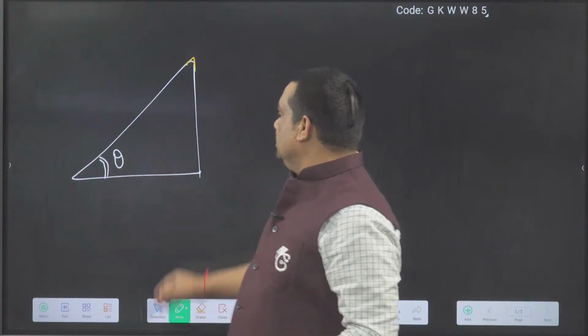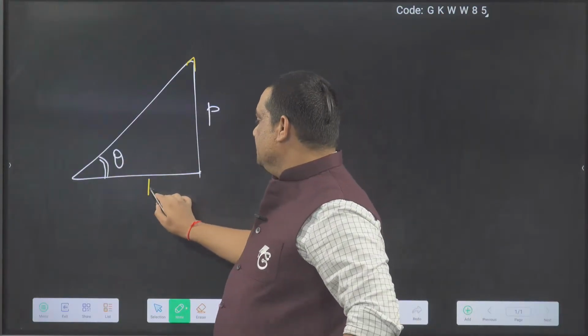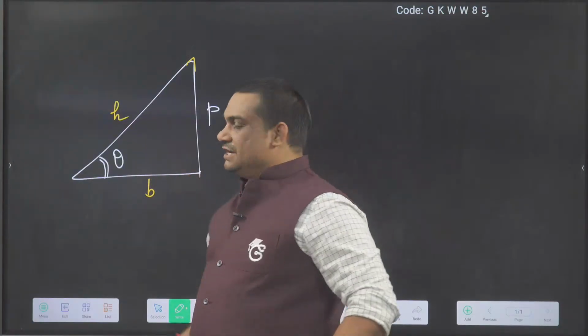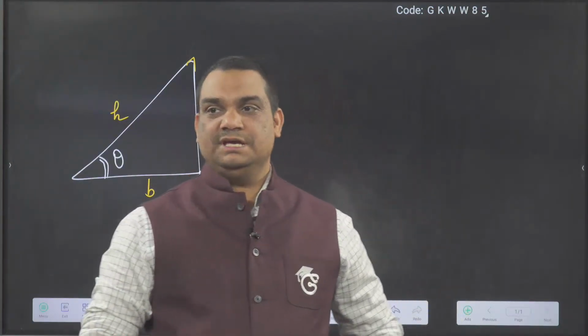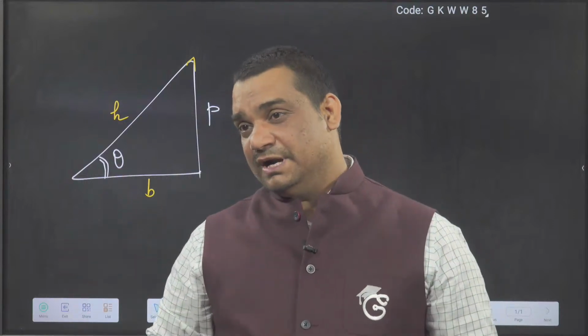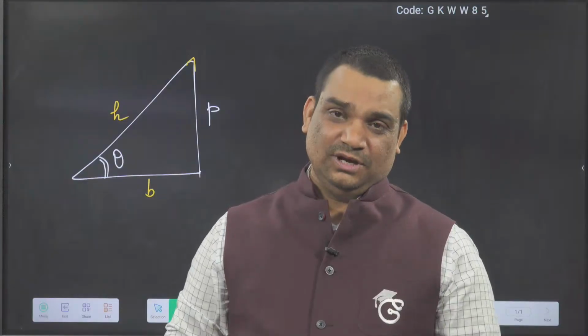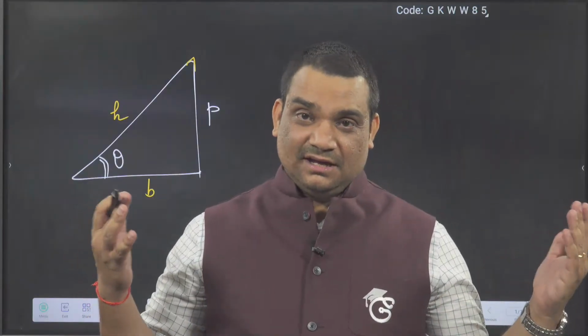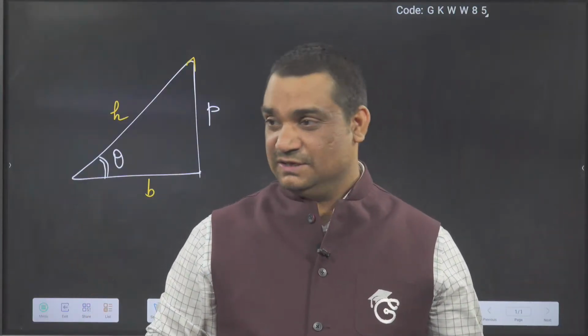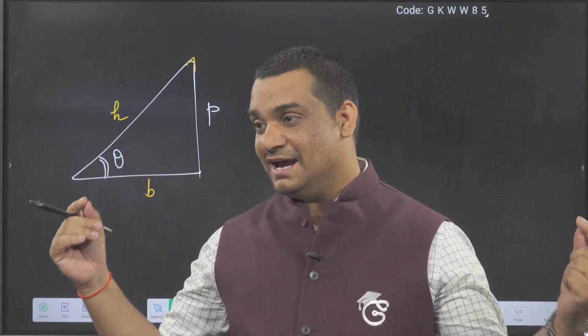So opposite to theta, you will say this will be the P, perpendicular, this one is the B, and this one is the H. Can you say what is the relation between P, B, and H? Is there any formula which relates perpendicular, base and hypotenuse? That is a very popular formula, and I think it also starts from the 6th class onwards.